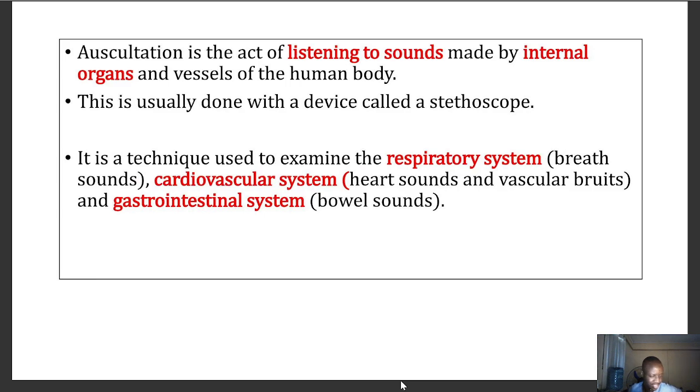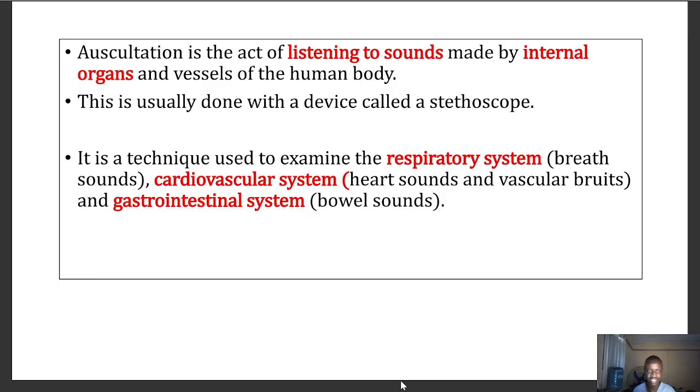As an introduction, why are we doing auscultation? It is the act of listening to sounds, and these sounds are made by the internal organs and vessels in the human body, like the heart, the lungs, the liver, and the blood vessels. All these cause sounds.